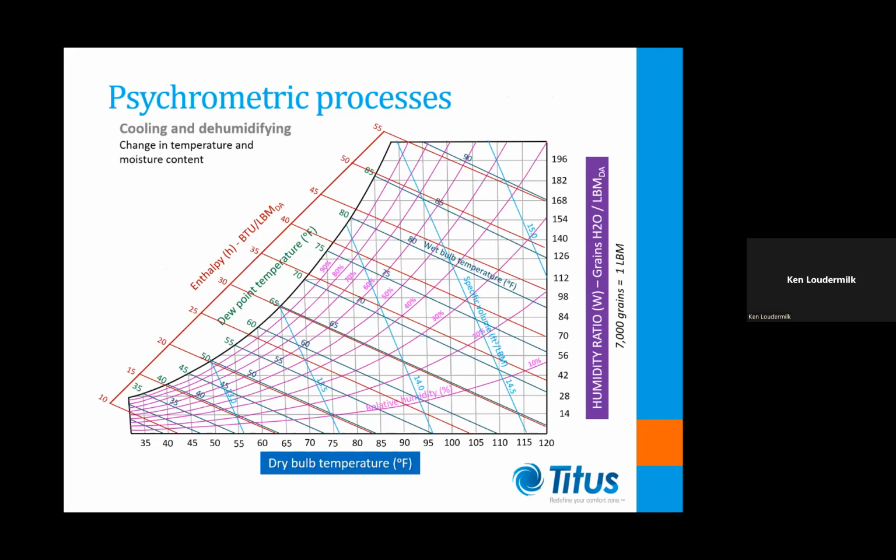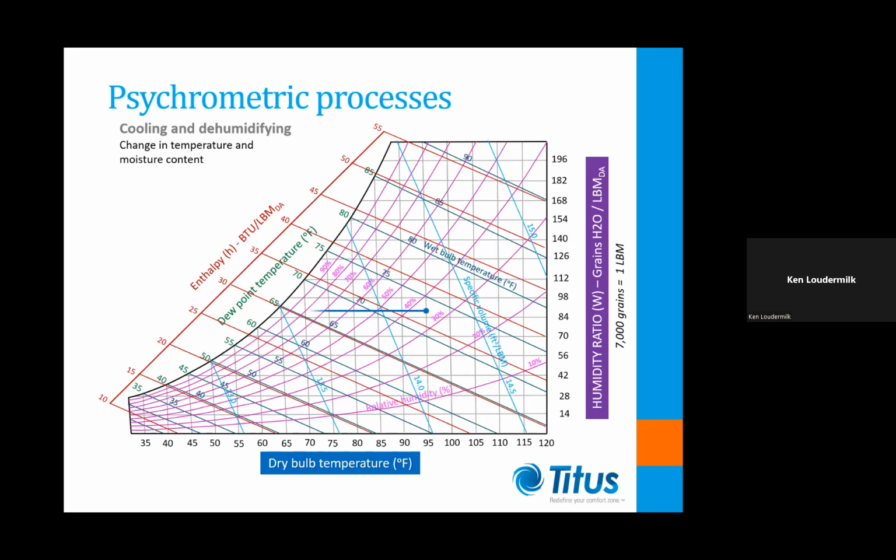Instead, HVAC latent processes are most often accompanied by a change in dry bulb temperature. We'll thus refer to this as a cooling and dehumidifying process, whereby lowering the mixture's dry bulb temperature also results in a reduction in its moisture content.